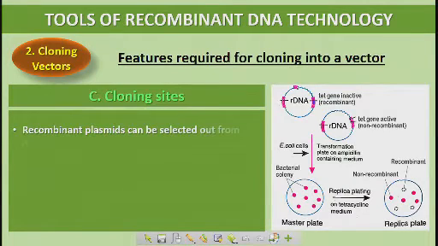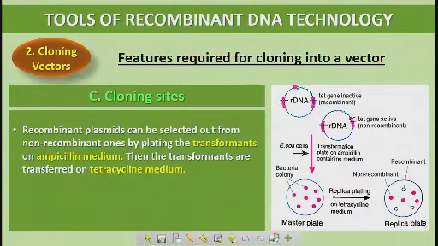The recombinant plasmids can be selected out from non-recombinant ones by plating the transformants on ampicillin medium. Then the transformants are transferred to the tetracycline medium.